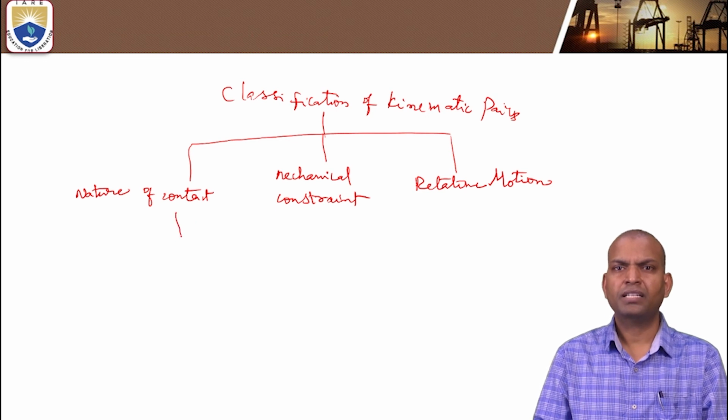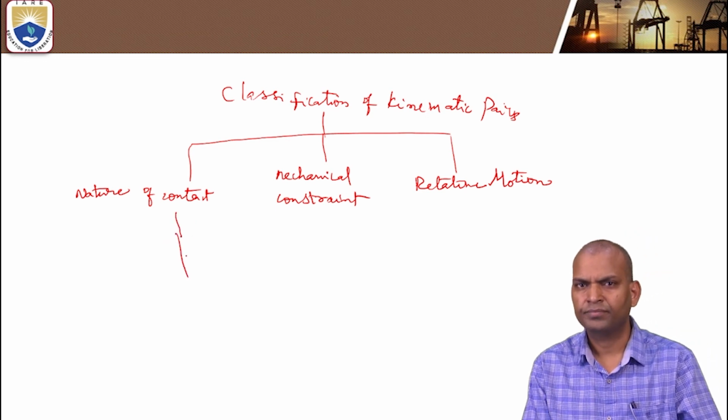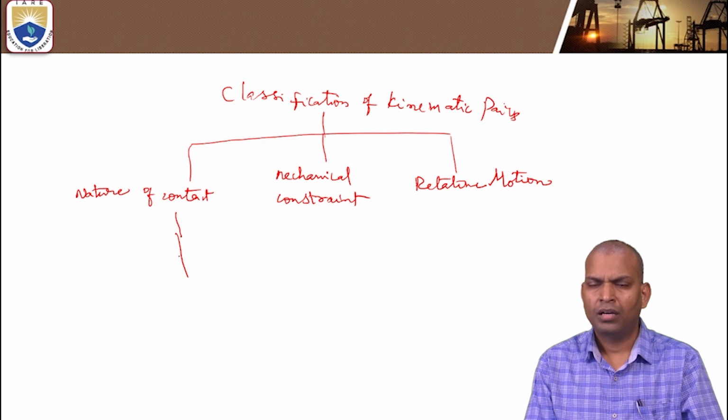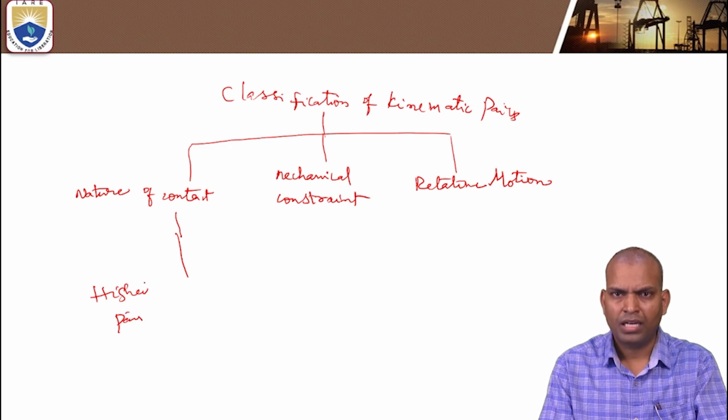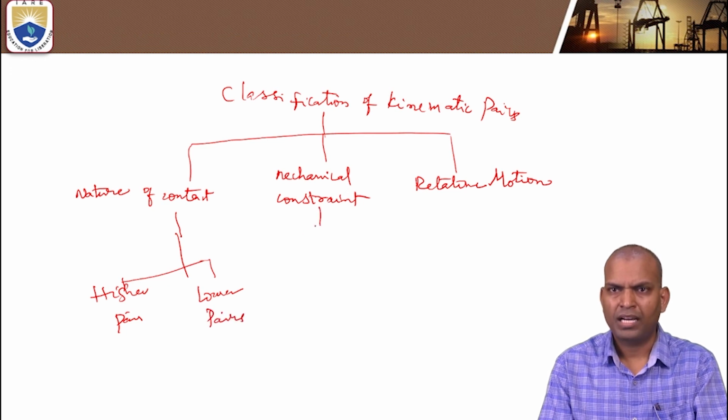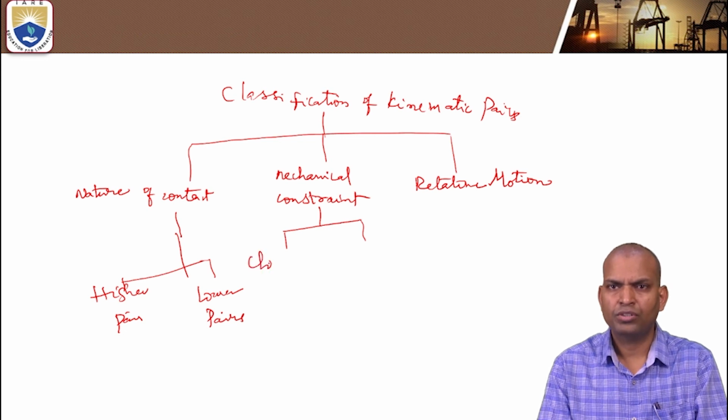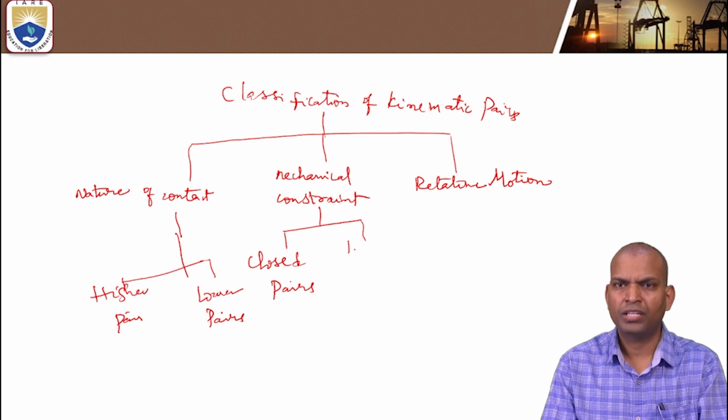Under nature of contact, there are two types. Number one, higher pairs, and two, lower pairs. Nature of mechanical constraint, again two types. One is closed pairs, another one is unclosed pair or open pair.